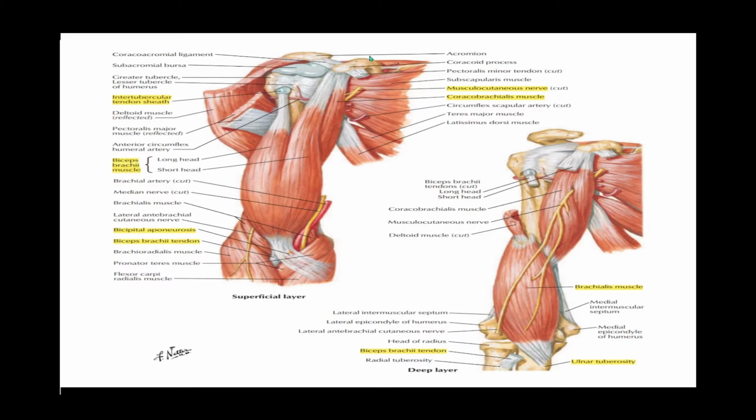We can see the short head coming from the tip of our coracoid process. The long head comes from a tubercle, the supraglenoid tubercle, and runs all the way beneath this ligament, and then emerges.